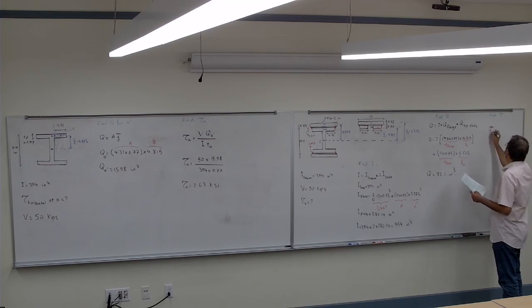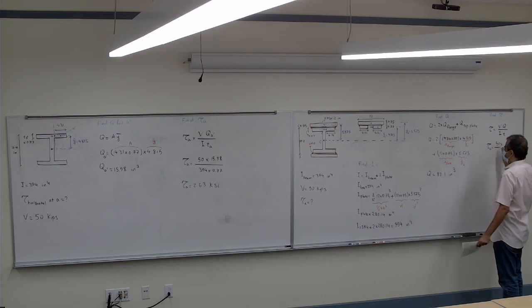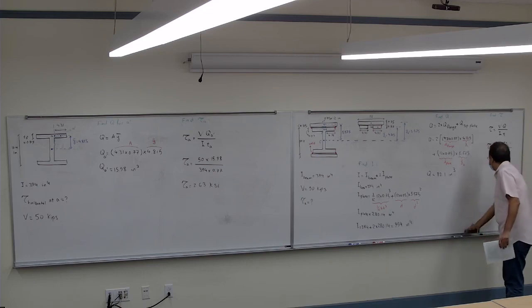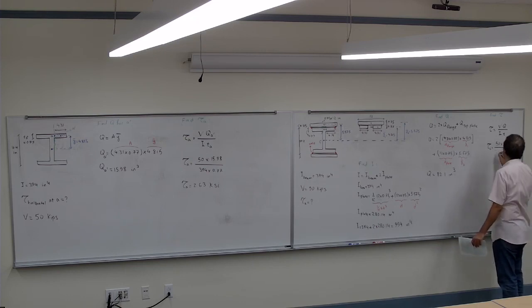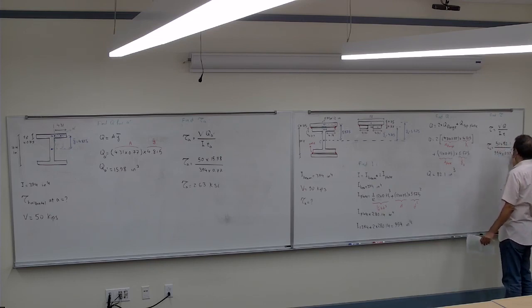So the tau would be VQ divided by I divided by T, so tau A would be 50 times the Q, which is 82.1, divided by I, which is 954, times the T, which would be 0.77. So the tau A would be 2.79.